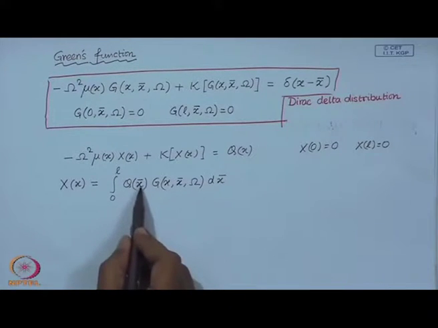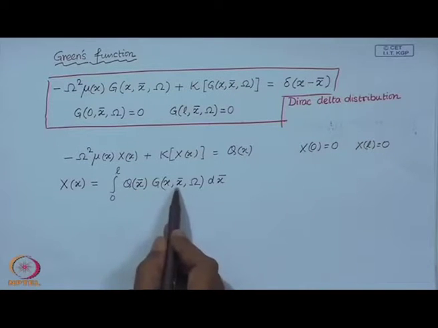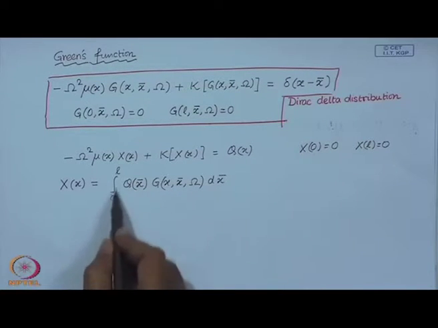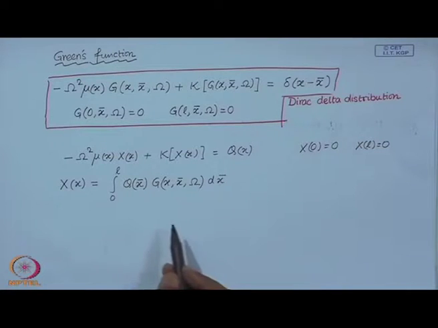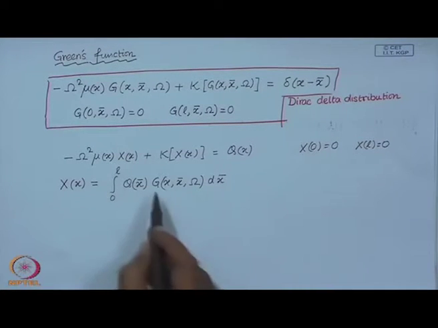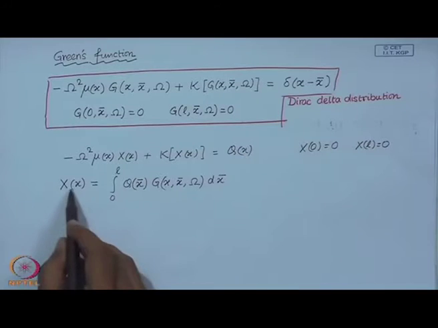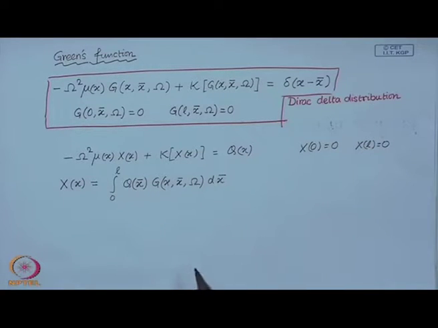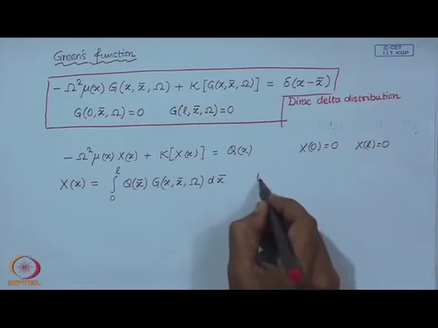So, we integrate over x bar from 0 to L, and we are left with a function of x which is the solution of this problem. So, this is what we have to show.